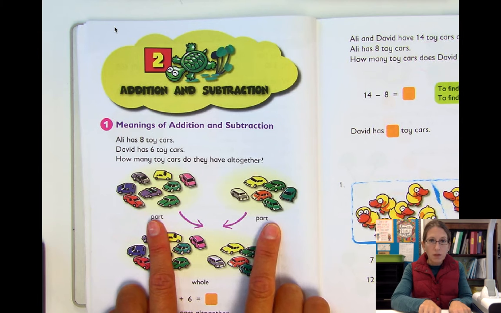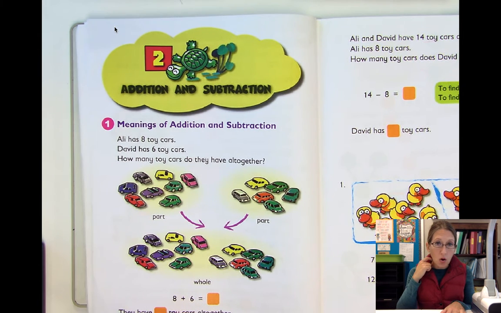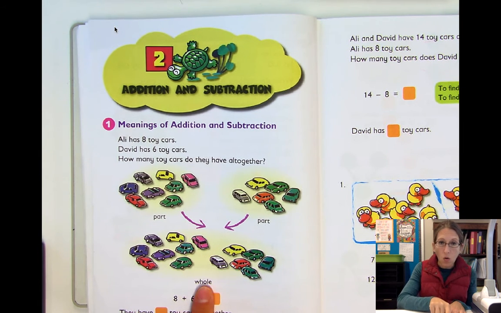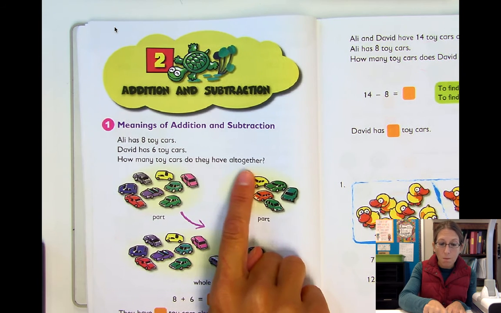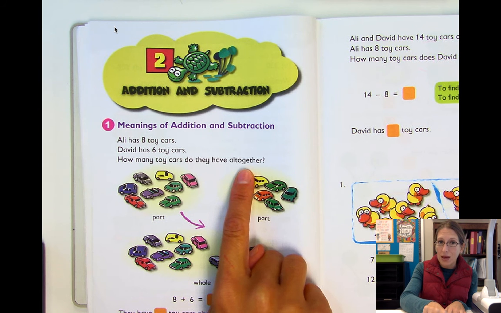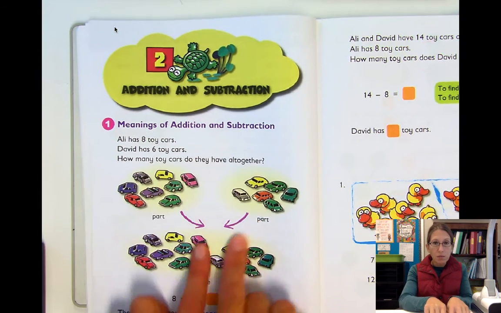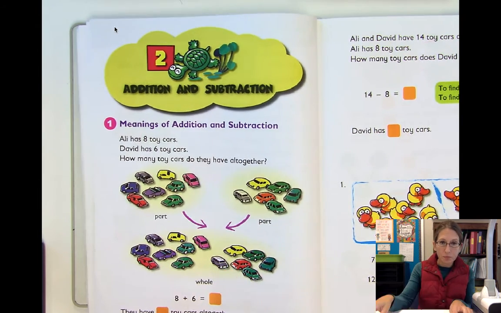And then when we bring them together, when we want to find out how many all together, we add them to make the whole. So anytime we're trying to find out how much all together or how many all together, that's a big key. It's kind of a big clue word for us, isn't it? How many toys do they have all together? Then we know, oh, I'm going to add my 2 parts to get the whole number.